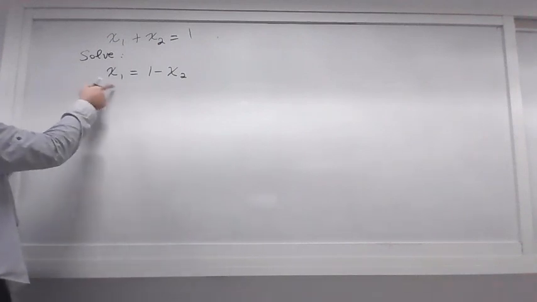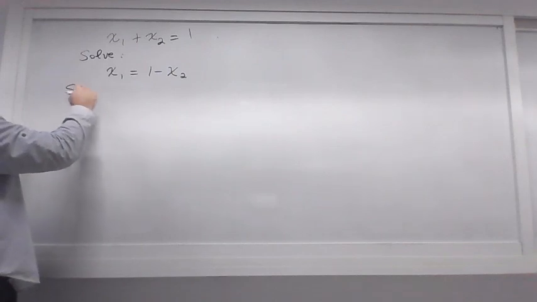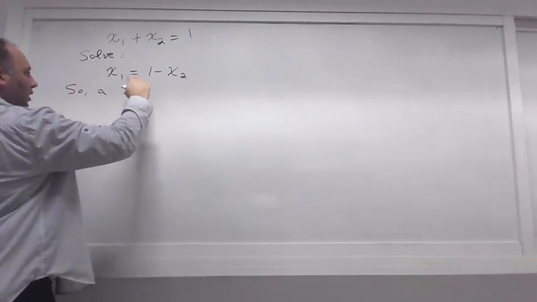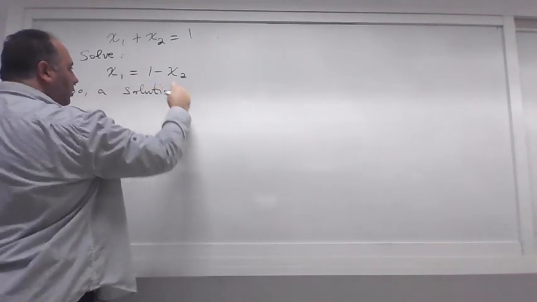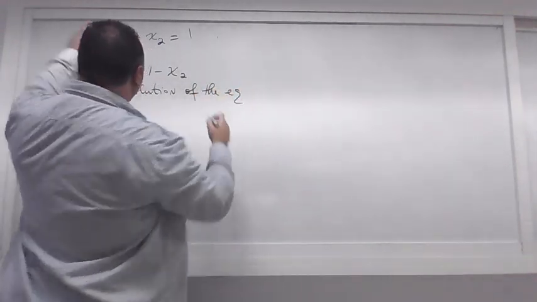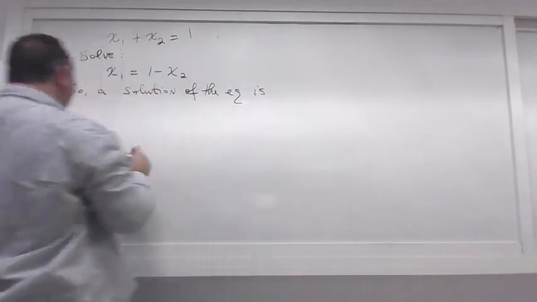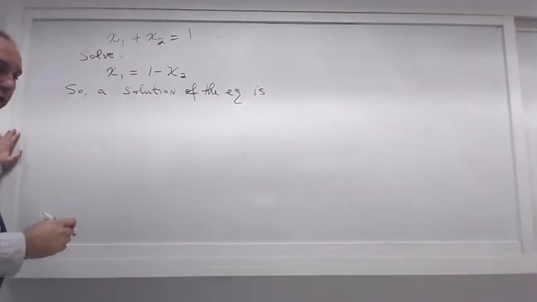So here, now this is the interesting part. A solution of the equation, because okay, it's just one equation, it's not really a system, is, so what is the solution?